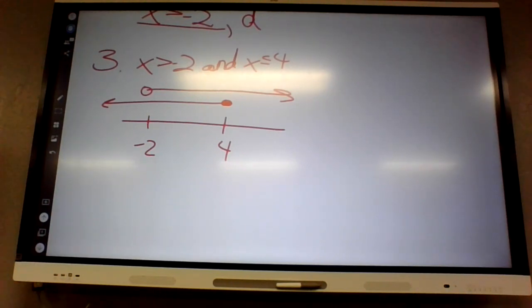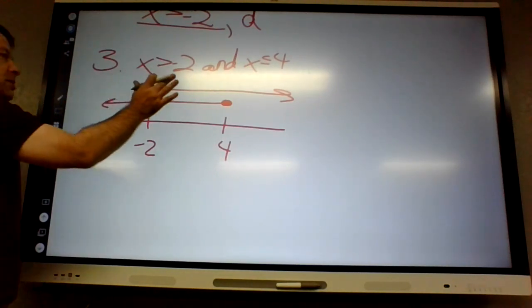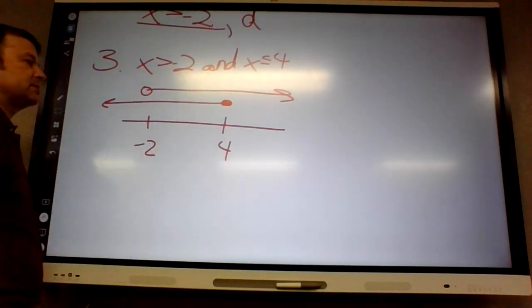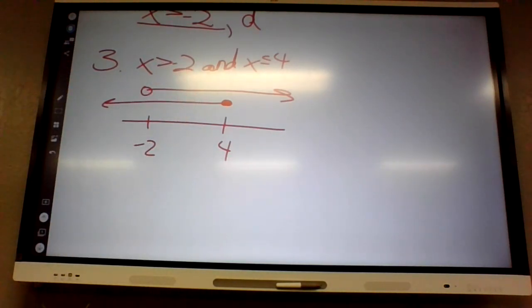So, Shannon, what would that include if we combine those with an and? I'm asking what numbers would be included if we do this and that. Okay, right, all the numbers between negative 2 and 4.